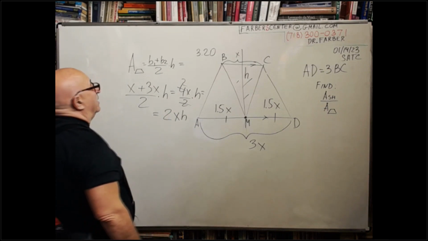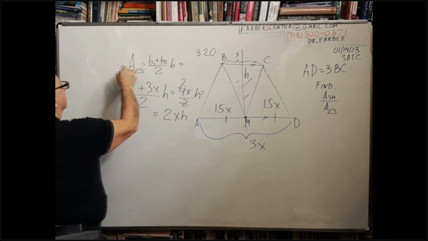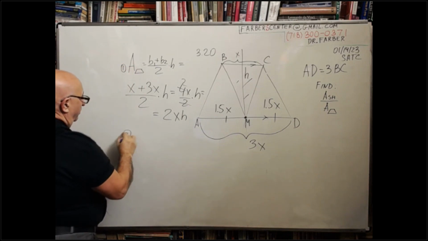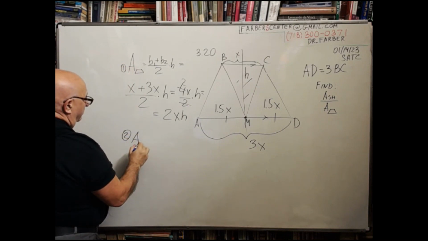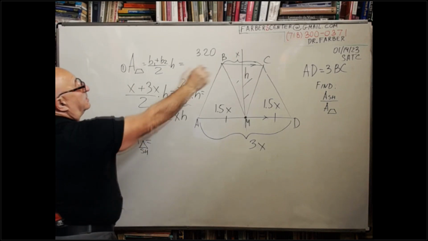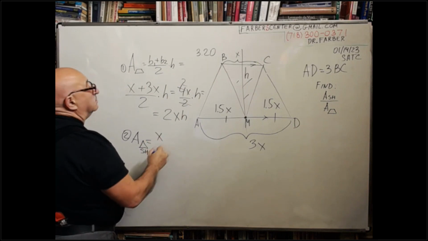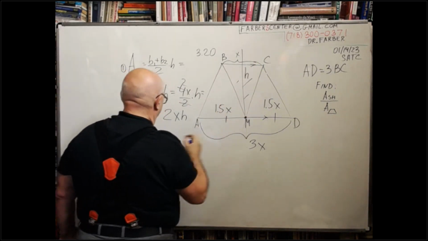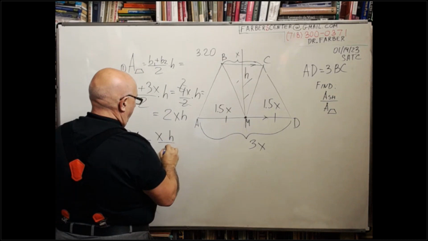How to find the area shaded? Step number 1. Step number 2: area of the shaded triangle equals base times height divided by 2.